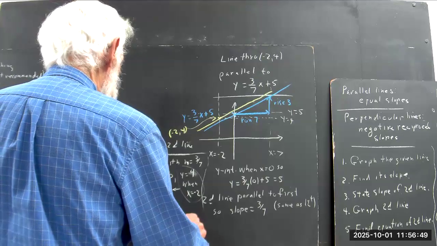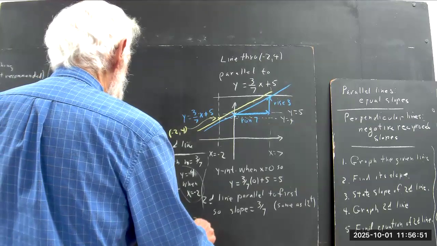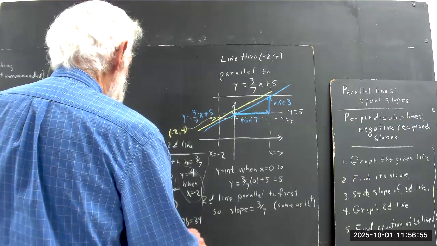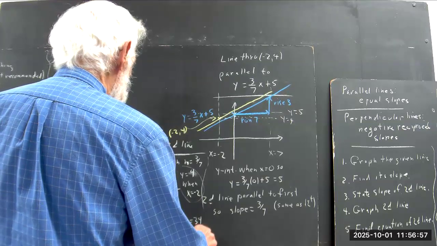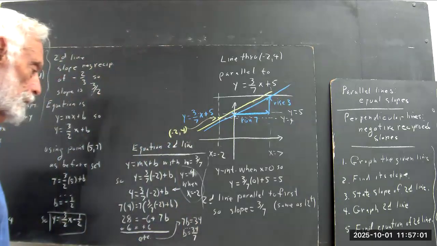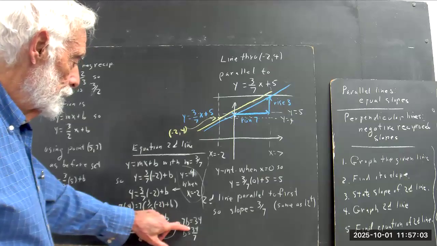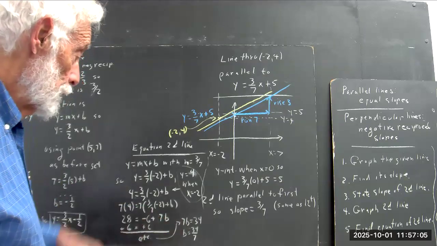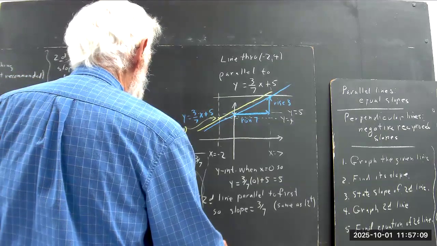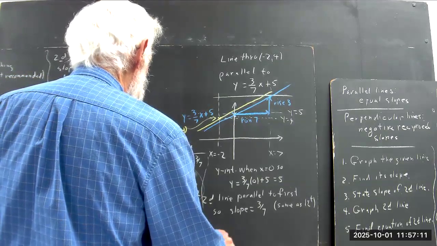So I'm going to end up with 7b equals 34. So b equals 34 over 7, where again, I skipped a step that I don't want you to skip, unless you're very secure with this. And this is equal to 4 6/7.